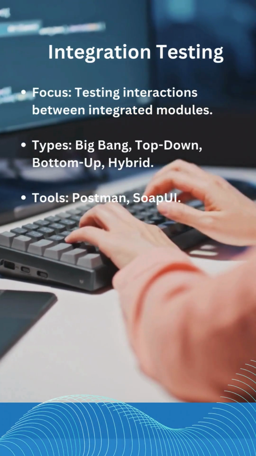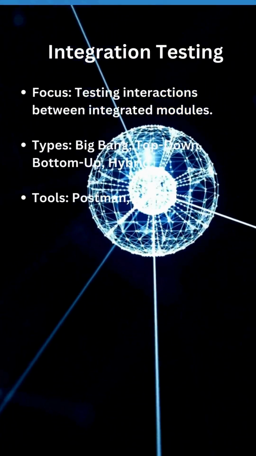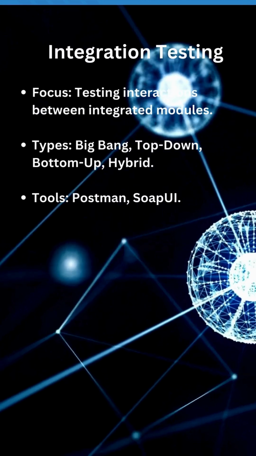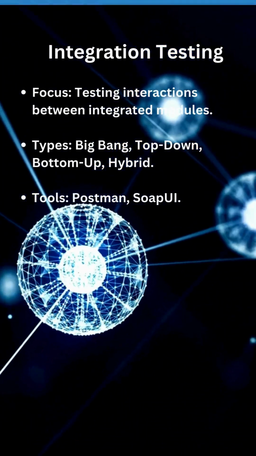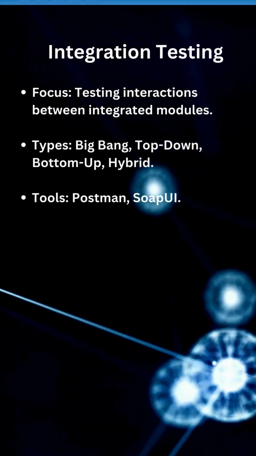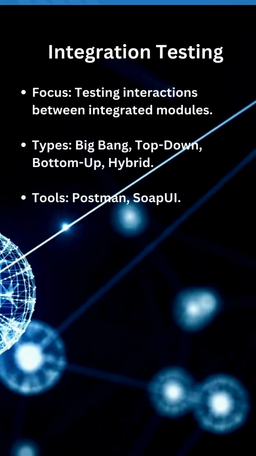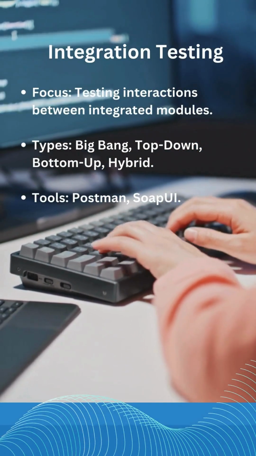Once the individual components are tested, we move to integration testing. This level checks how these components work together. It's like connecting the pieces of a puzzle to see if they fit. For example, we will test if the login page communicates properly with the home page after a successful login. There are some types of integration testing, like Big Bang, which means testing all modules together at once.